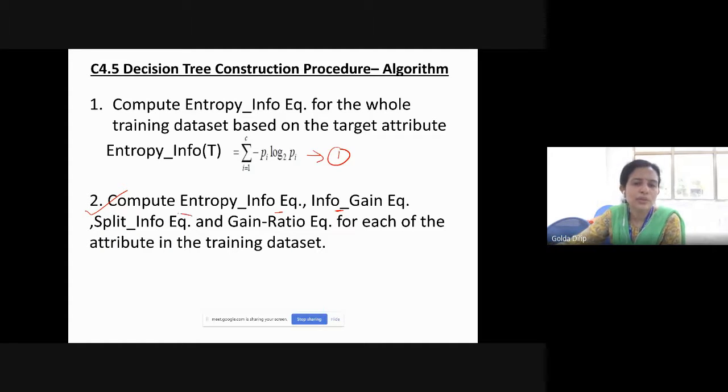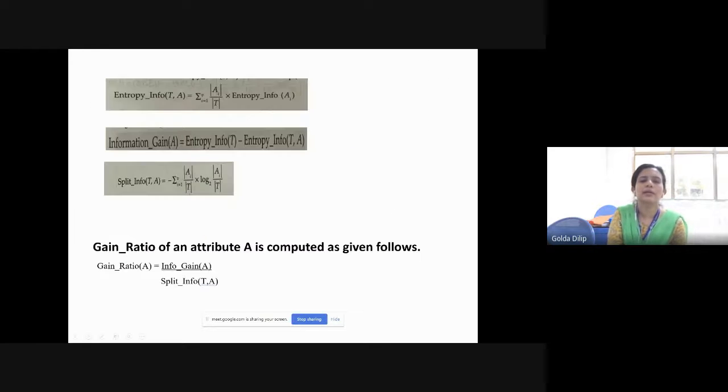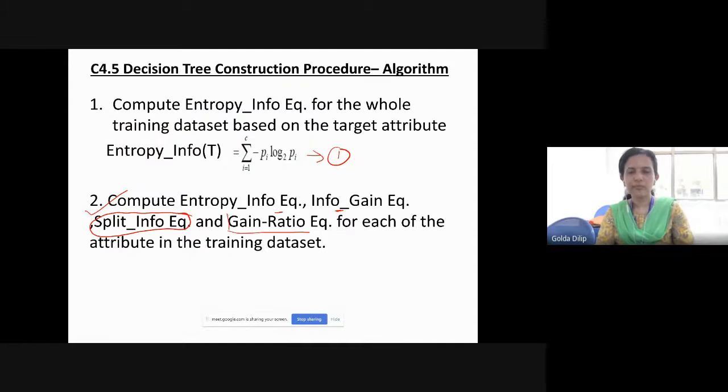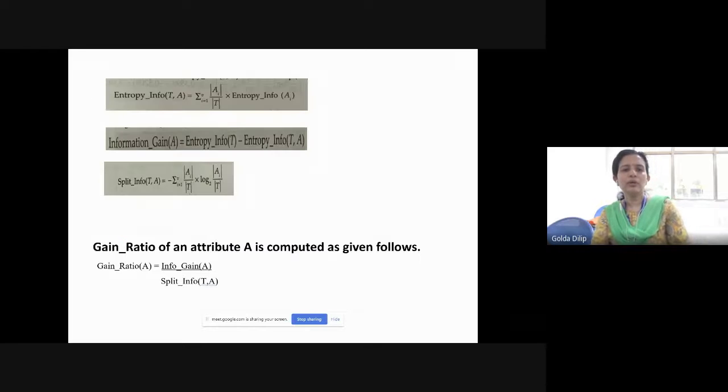Then, of course, we have something new: a split information equation, and with the help of that, you compute the gain ratio for each and every attribute in the training data set. This is where the difference comes. Please make a note: these two are the same.